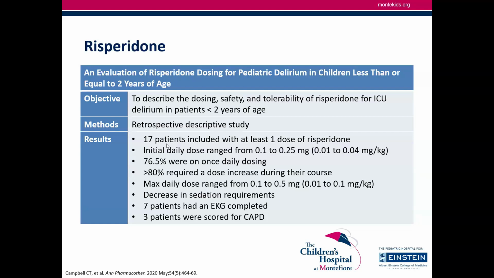This was also a retrospective descriptive study where 17 patients were included that had received at least 1 dose of risperidone. So this could mean that these patients were not all in steady state, since to be included, they only had potentially just 1 dose. The initial daily dose did range from 0.1 to 0.25 milligrams, and a majority of them were on once daily dosing.